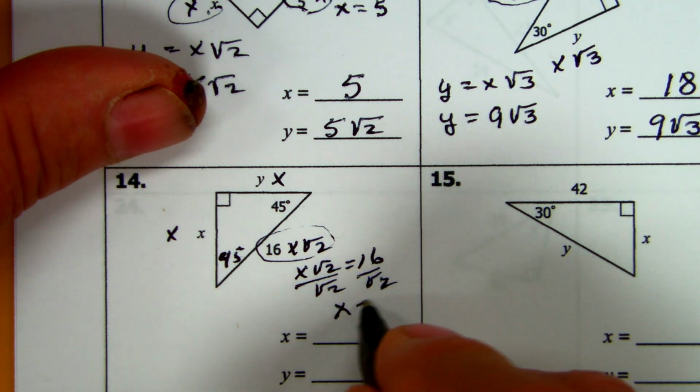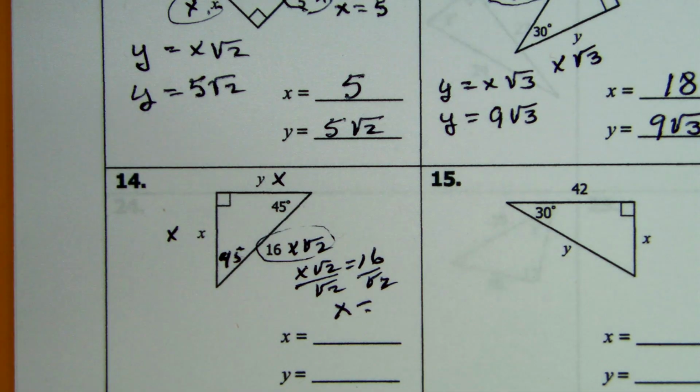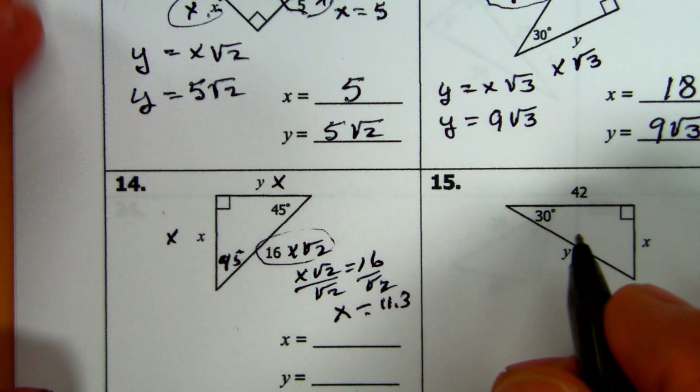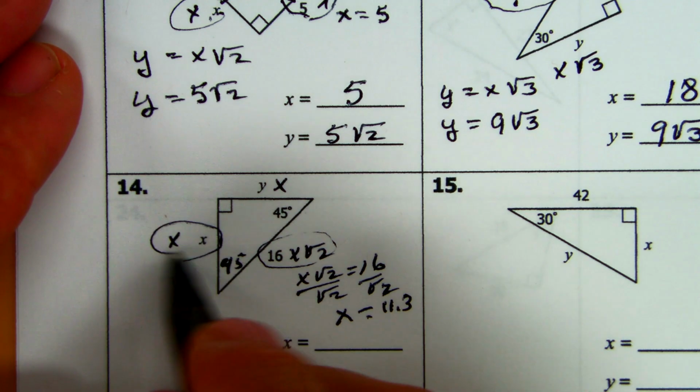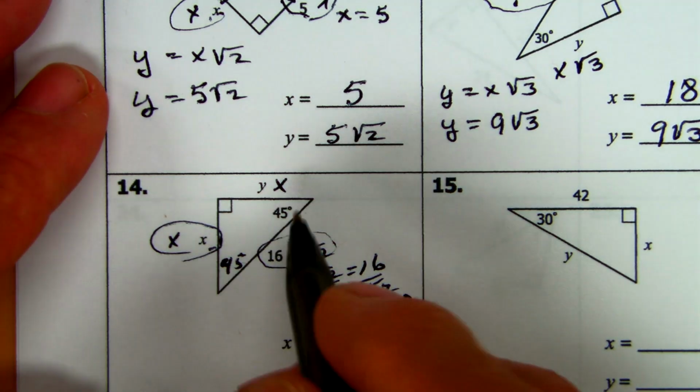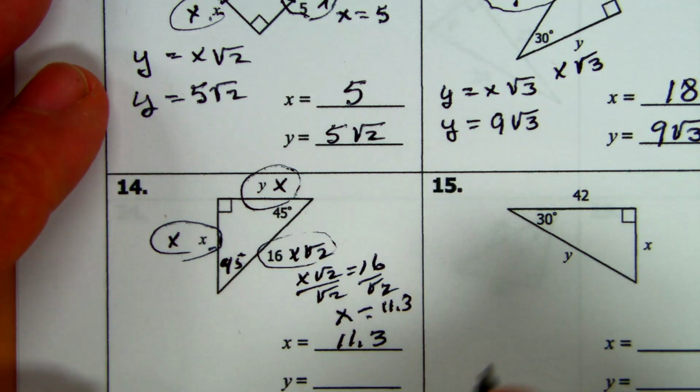If we didn't want to work with radicals, we'd have 16 divided by square root of 2. That would give us 11.3. So our x over here is 11.3, and our y is also 11.3.